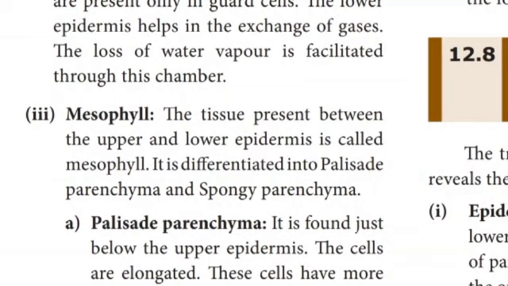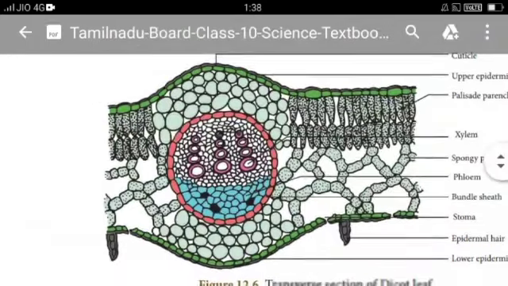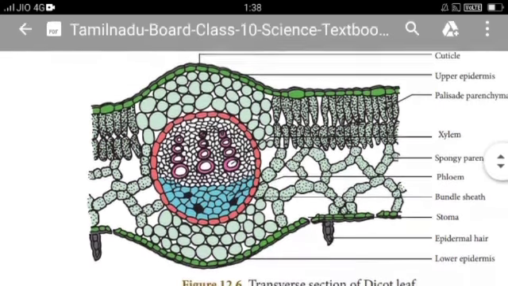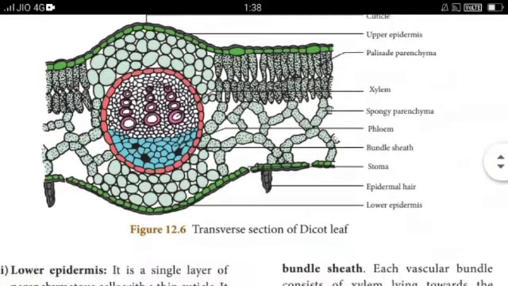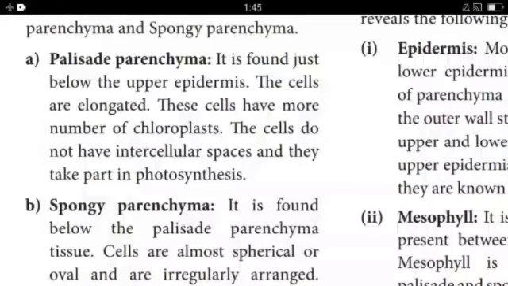That means mesophyll is one type of tissue which is present between the upper and lower epidermis. The tissues present in the center between the lower epidermis and the upper epidermis are what we call mesophyll. It is differentiated into palisade parenchyma and spongy parenchyma. We call these the two types of this tissue. First one, palisade parenchyma.